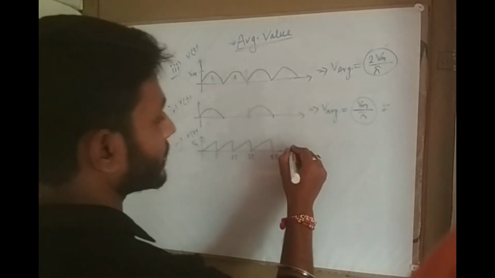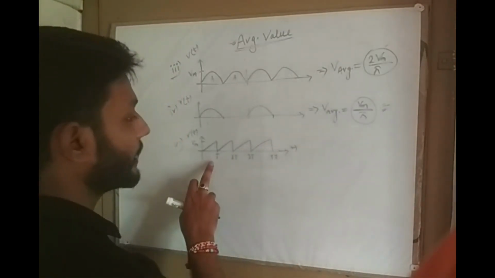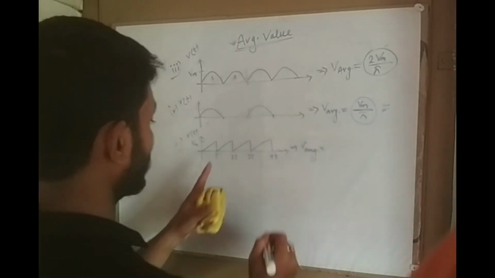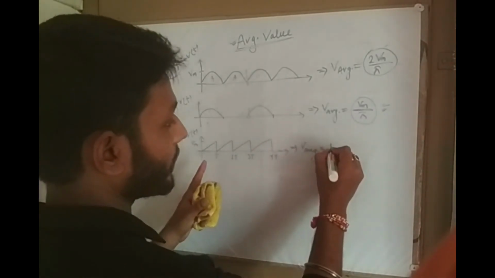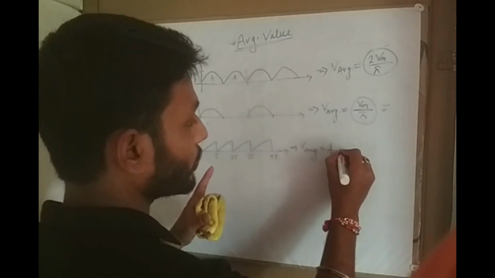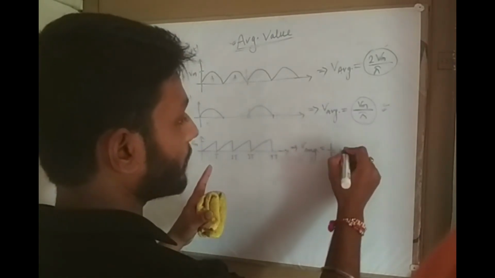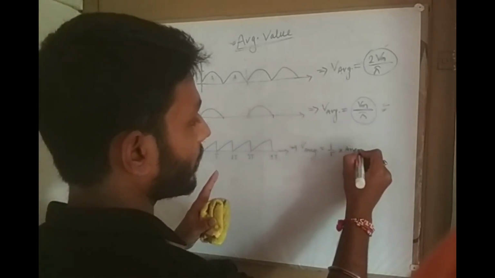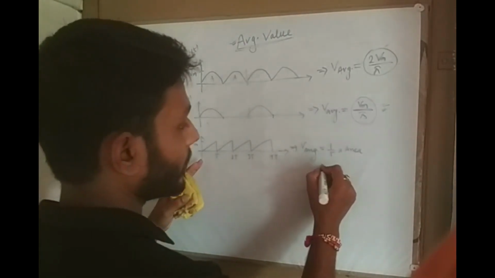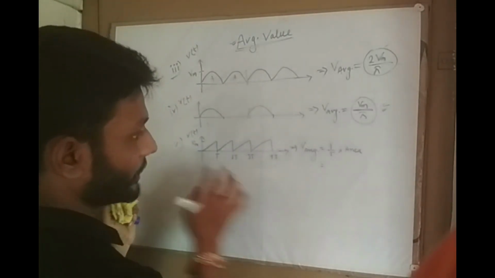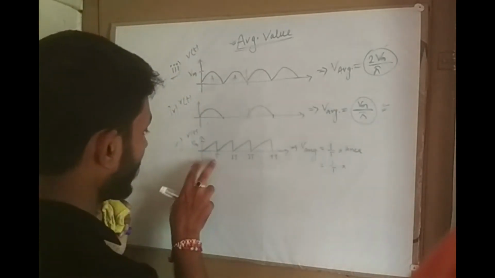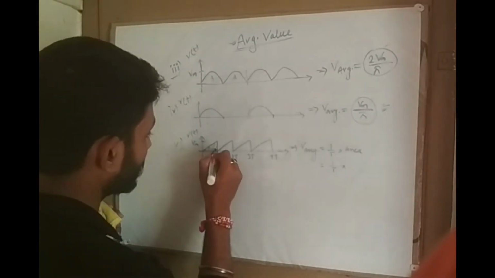Now, if we find out the V average value of this signal, look here, this is 1 by T integration over 0 to T, that means 1 by T times the area of the signal over one time period. Here the time period is T, so this one is 1 by T multiplied by the area of this part.